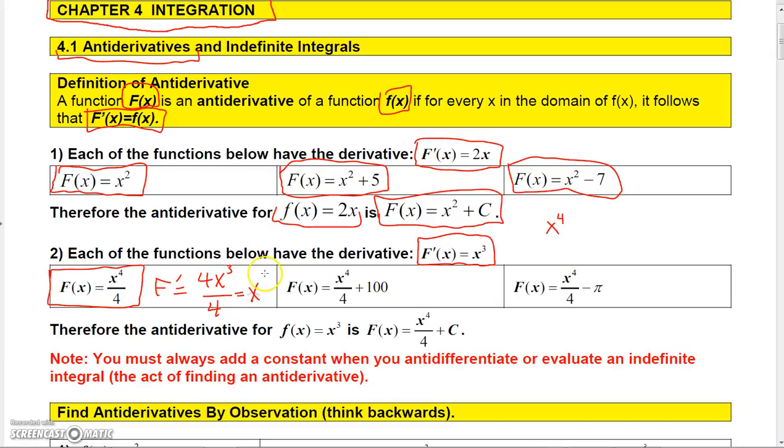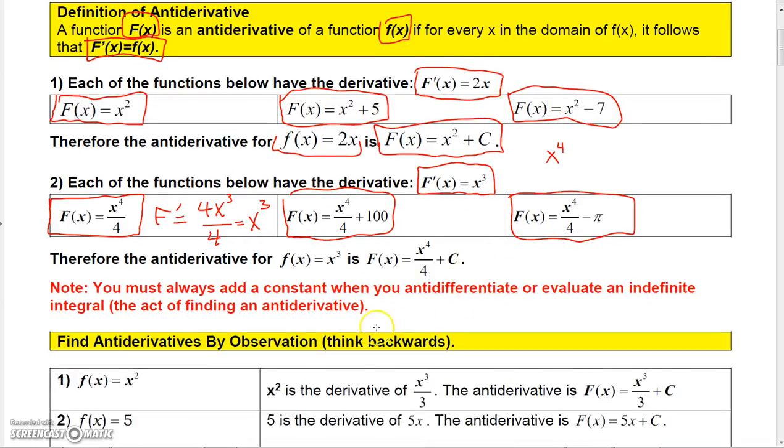So it turns out that x to the 4th over 4 is an antiderivative of x cubed, but so is x to the 4th over 4 plus any constant, or x to the 4th over 4 minus any constant.